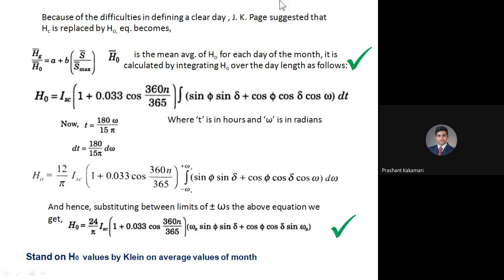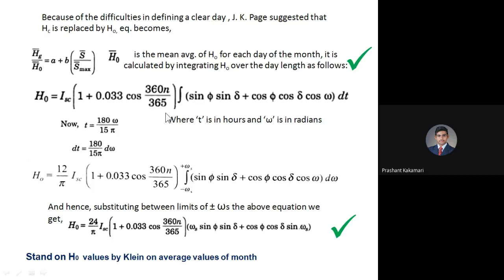As we all know, to find the solar constant for the extraterrestrial location, we are using this solar constant ISC. In the above equation you can see ISC into 1 plus 0.033 cos of 360 n by 365. This equation we have discussed in the earlier classes, to find the solar radiation.